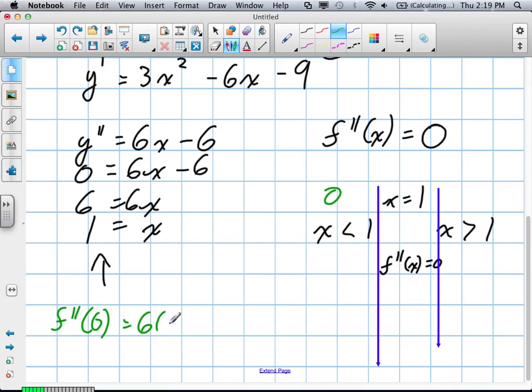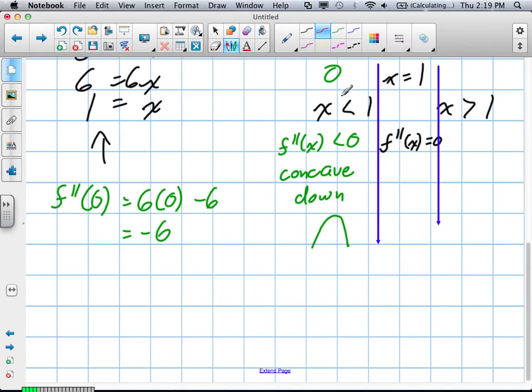Well, that gives us 6 times 0 minus 6. We get negative 6. Which means our f double prime of x when x is less than 1 is less than 0. Which means if we're less than 0, we're concave which way? Down. Okay? Concave down. In other words, something like this.